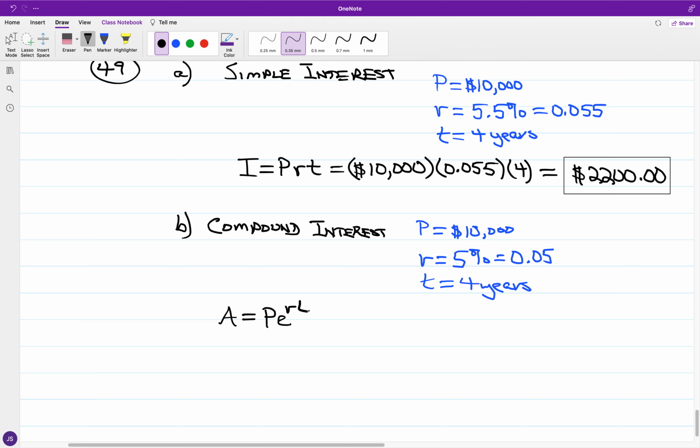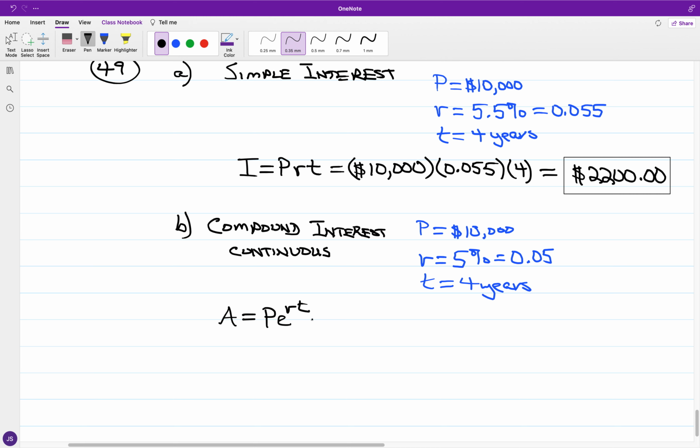that's that other formula. We have P times e to the R times T, and we're looking at it on a continuous basis, compounding continuously.